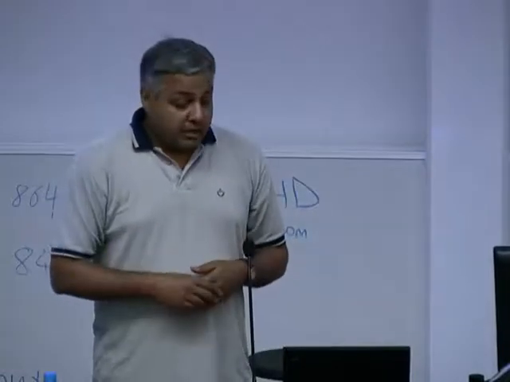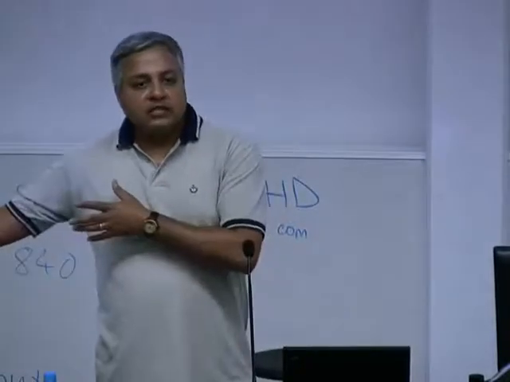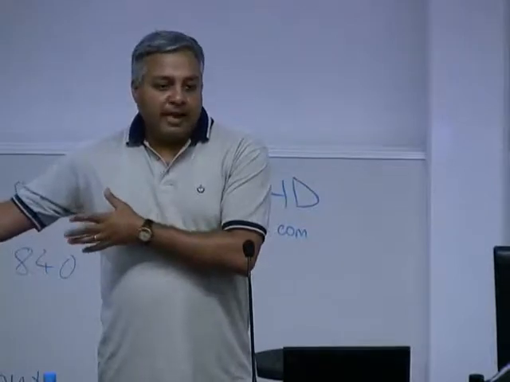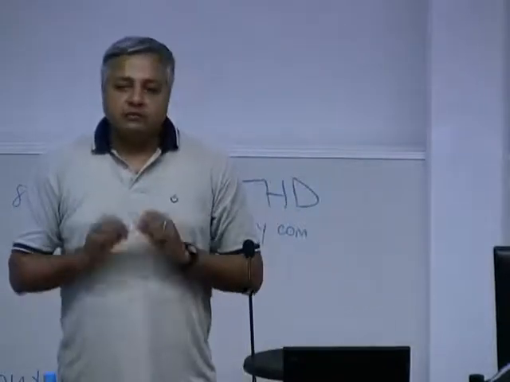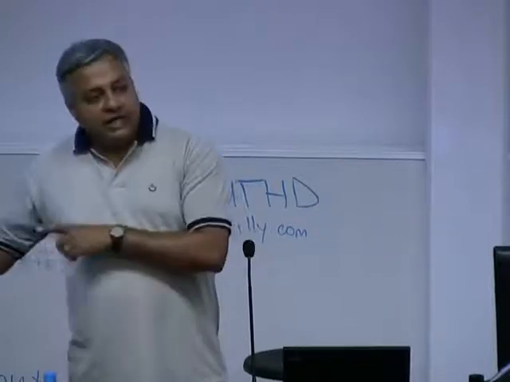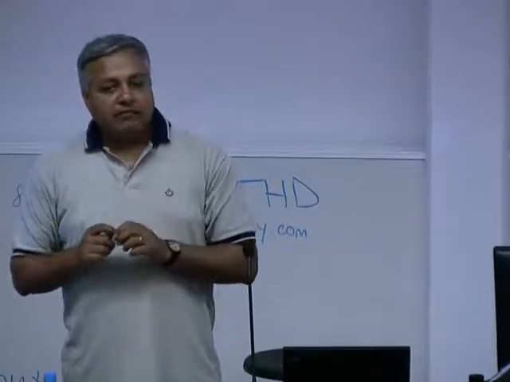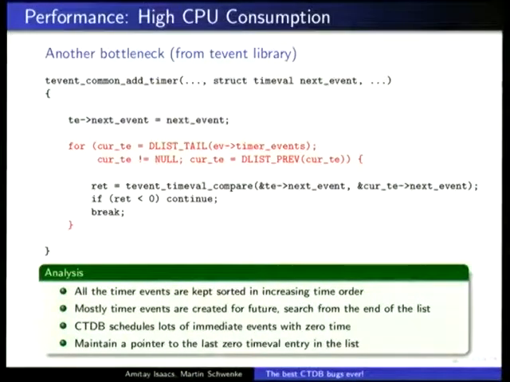Since the most common use is to schedule future events, as Samba does, you start searching the list from the end to find where to insert the new event. Now, what CTDB does is schedule lots of immediate events with 0 time. That means every time you insert an immediate event, it has to traverse the entire list, because we are searching from the end, and then insert. This was fixed by just keeping a pointer to the last 0 timeval entry, and we get over that bottleneck.